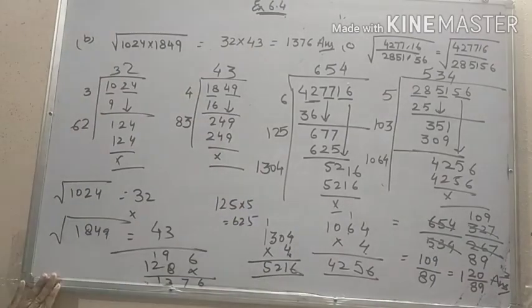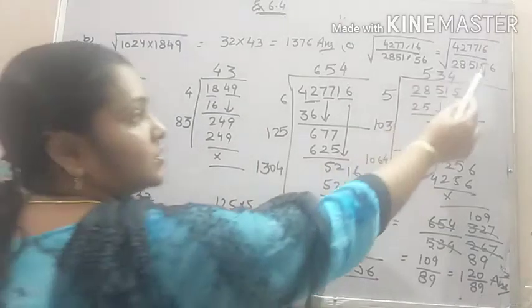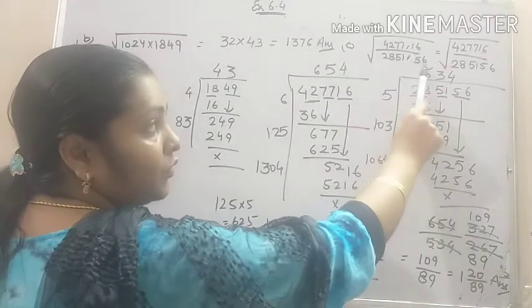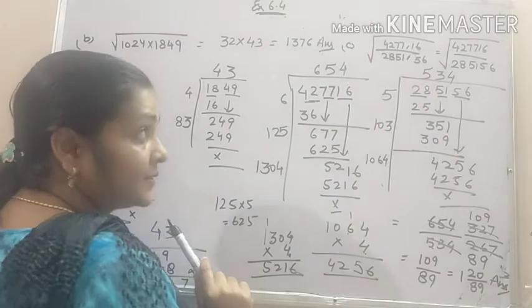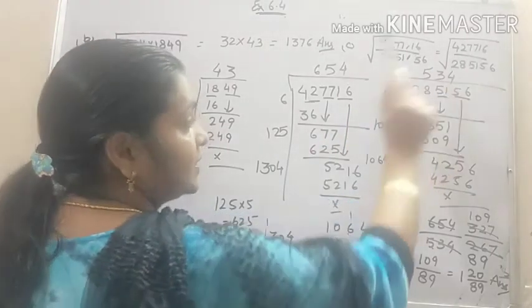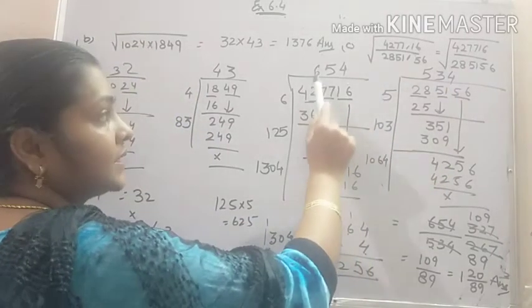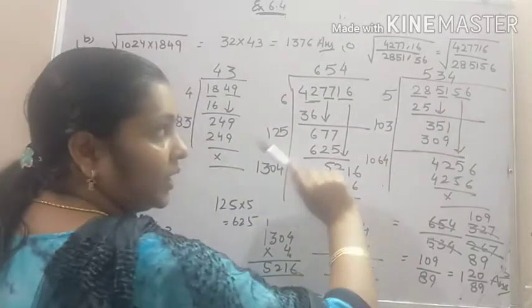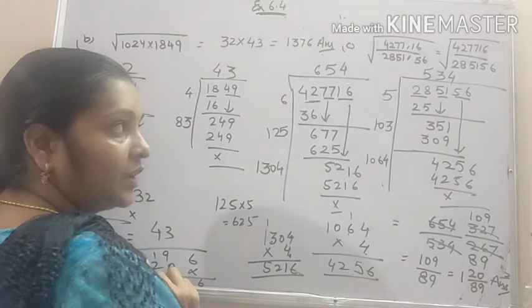Is that clear? So once again I am repeating. First of all, we cancel the decimal sign because the number of digits after the decimal are the same. After that I found the root of this number, which is equal to 654. Secondly, I find the root of the denominator, which comes out to be 534.